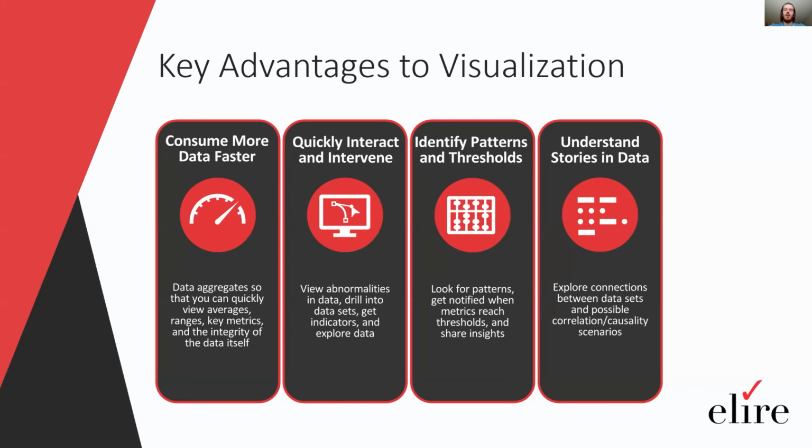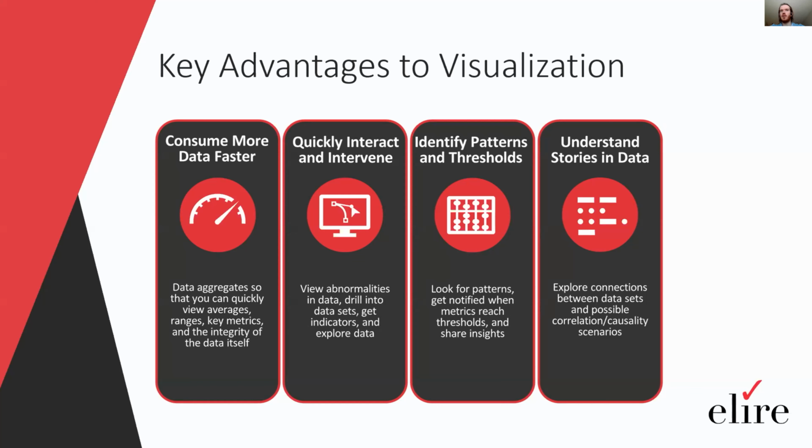And because of that, it allows us to consume a lot more data a lot faster, just from a human side. It allows us, again, because of those dashboards in a single location, in a single place, to quickly interact and intervene when any of our metrics might be getting close to being breached, or ultimately that threshold has been passed.